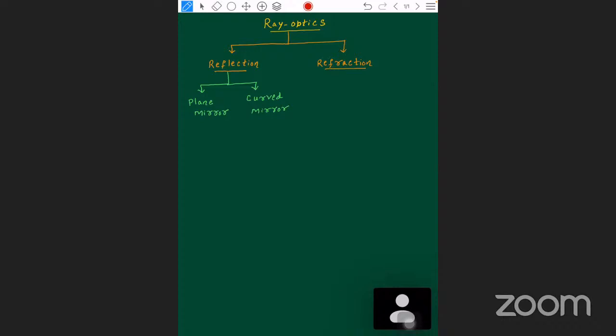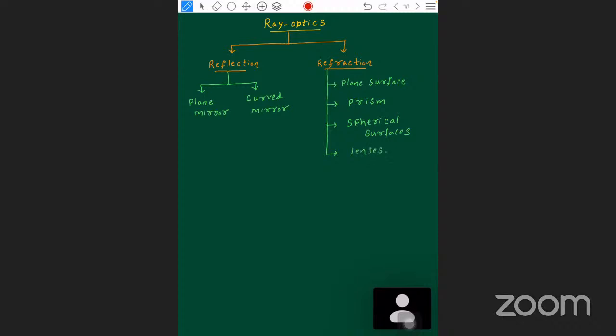In refraction, you are going to explain the refraction phenomena under a plane surface, how the refraction is going to take place in the prism, then in spherical surfaces, and how the refraction is going to take place in the case of lenses.